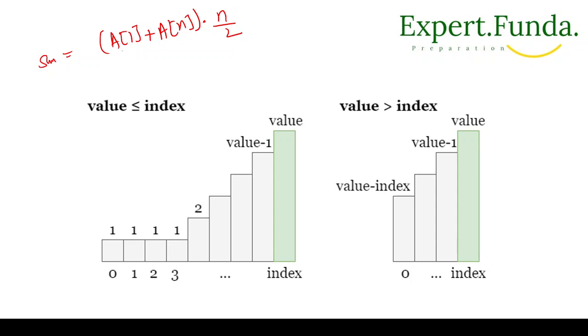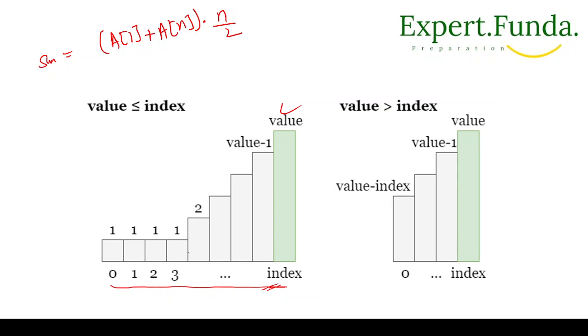Here a1 and an are the first and the last term of the sequence, and n is the length of the sequence. Let's suppose we start from here to here. It is saying that if the value here is less than or equal to the index, it means in addition to the arithmetic sequence from value to 1, there will be a continuous sequence of 1s with the count index minus value plus 1.